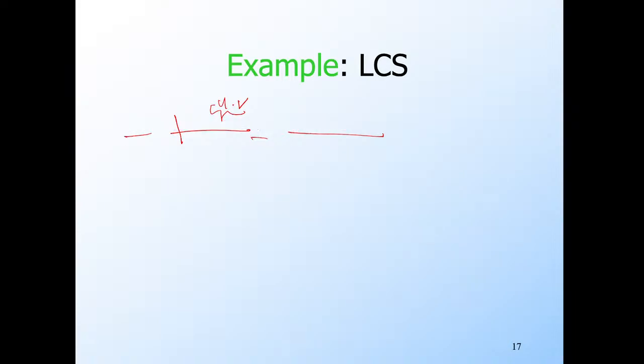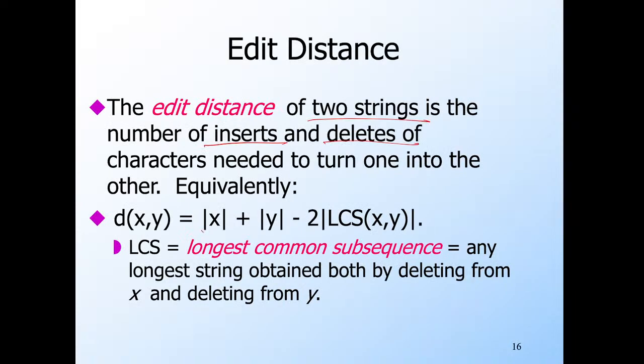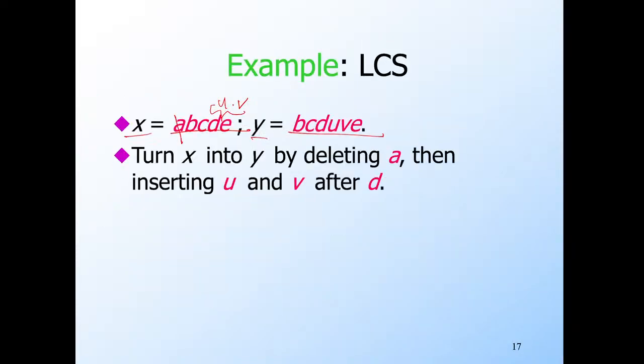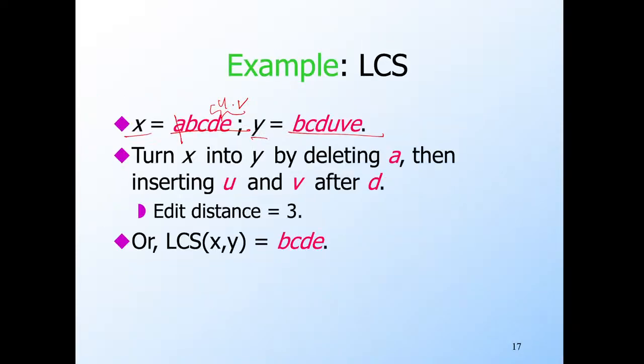The other way to compute it is the length of x plus the length of y, subtract 2 times the longest common subsequence. Okay, so let's see. The longest common subsequence between this x and y would be BCDE, right here. That's the longest common subsequence.